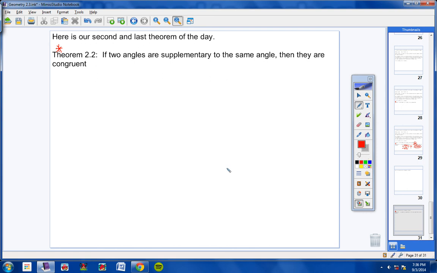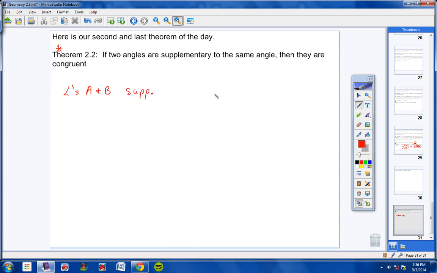I'll give you a couple more seconds to write this down. Okay, this should make total sense, but I still want you to take notes on this, so write this down, please. Angles A and B are what?